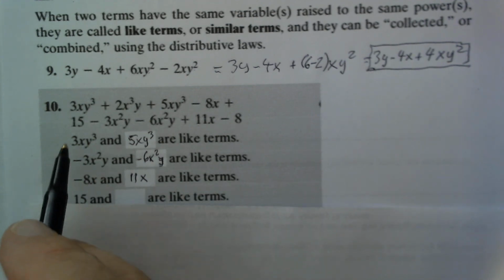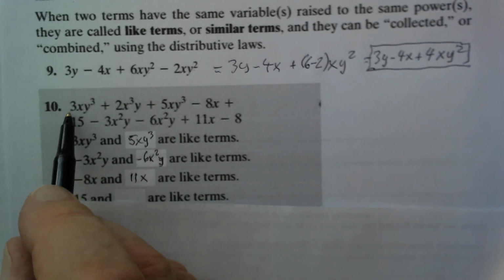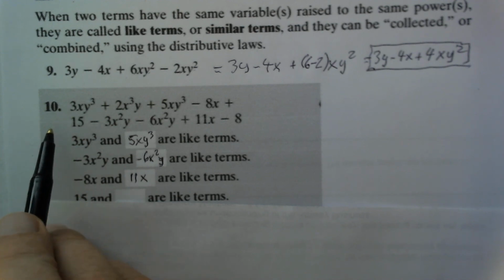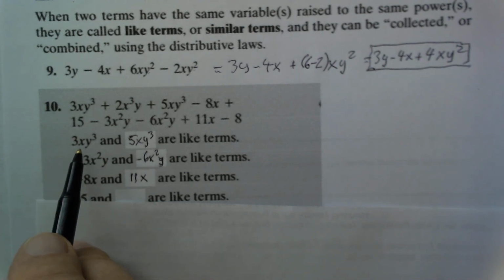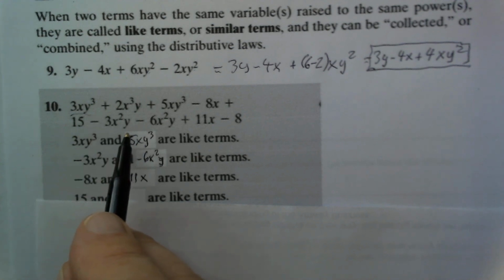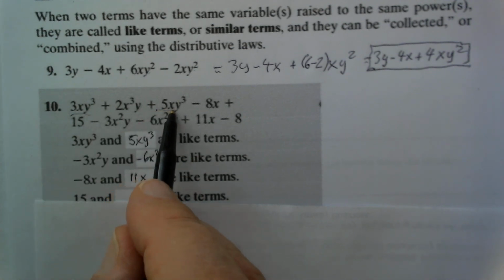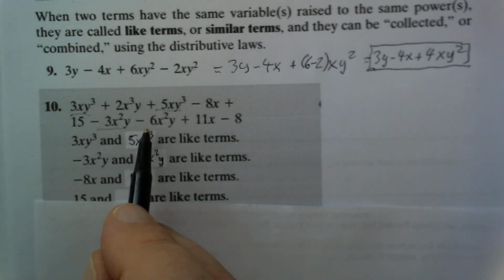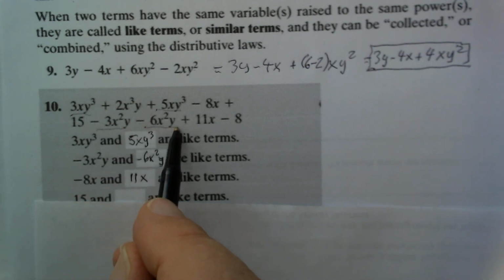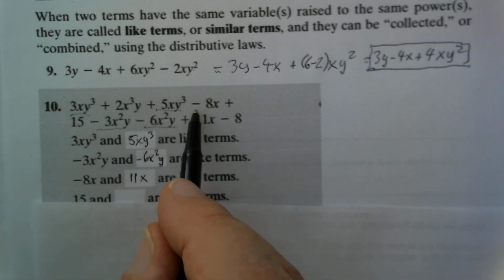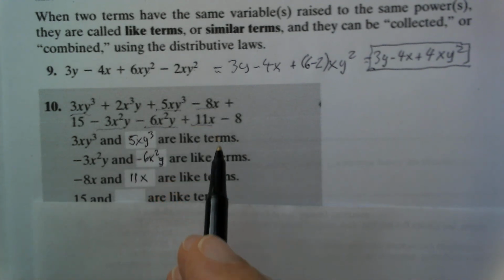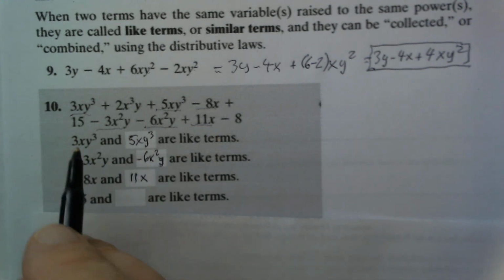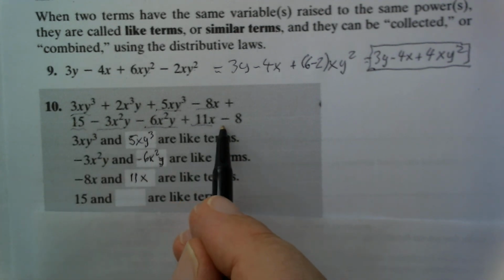What I always do in a case like that, I underline the terms I've already taken care of. So we have the 3xy to the third and the 5xy to the third, and then the minus 3x squared y and the minus 6x squared y, and then the minus 8x and the 11x, and then we have the constant terms 15 and minus 8.